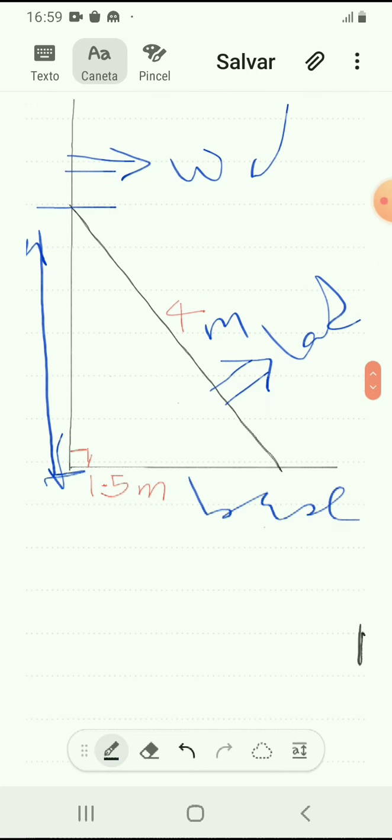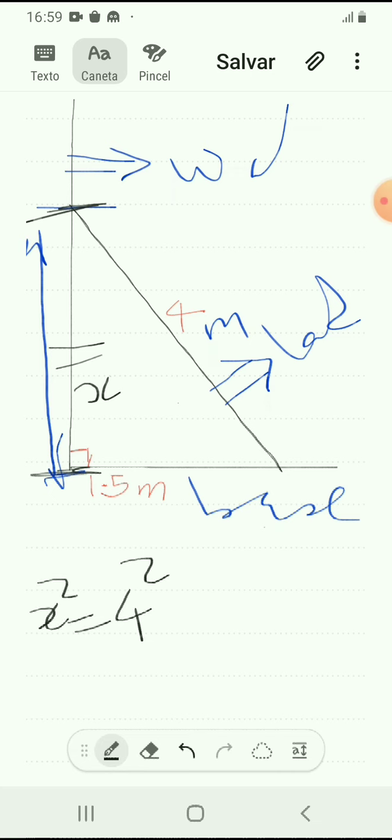Okay, so we want to find that, so we can denote this as x, right? So it's x squared, right? The longest side squared minus the other side that is available, which is what? 1.5 in this case, right?